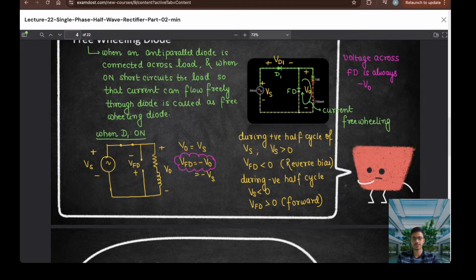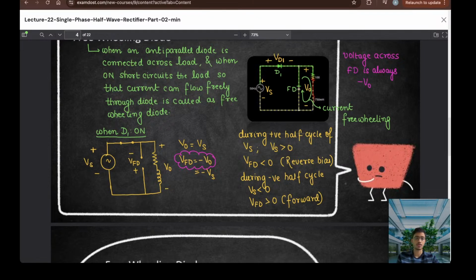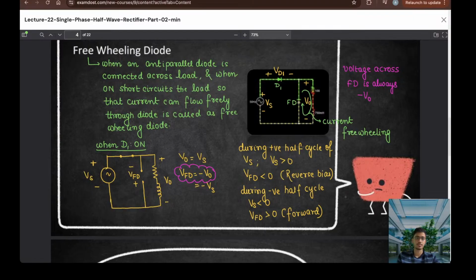And the voltage developed is VFD. By using KVL we can say VFD is minus VS, or directly minus VO. It will always be minus VO because it is connected in opposite fashion to VO.